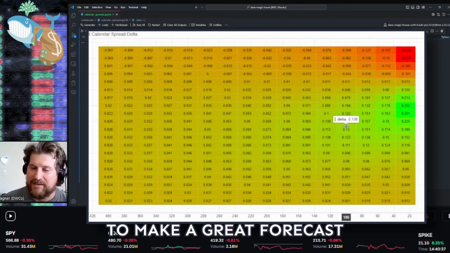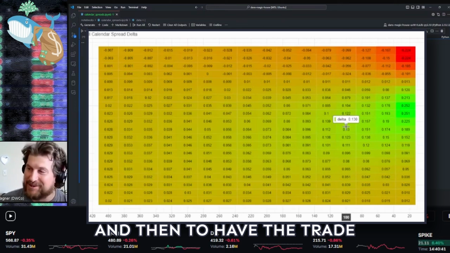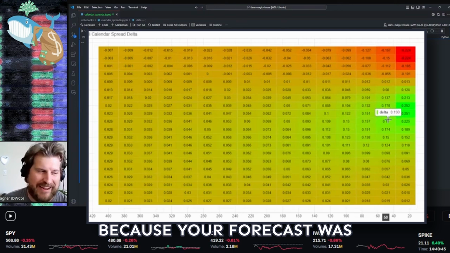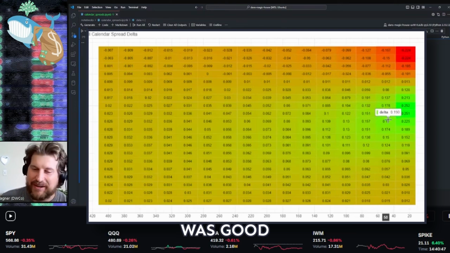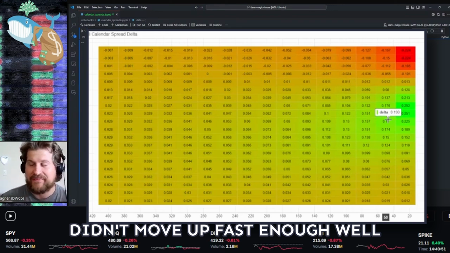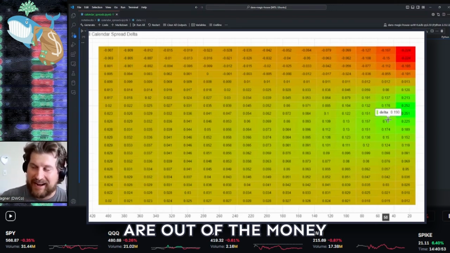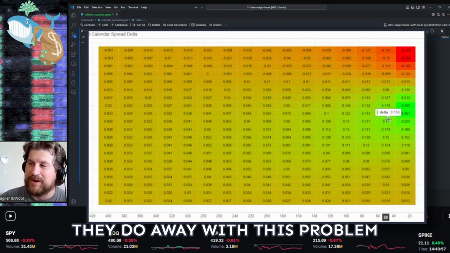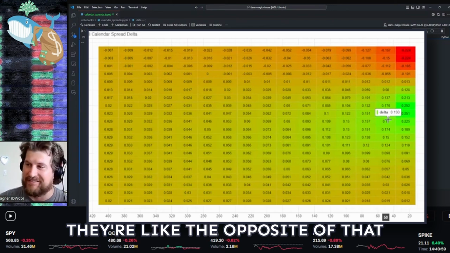It's aggravating to make a great forecast and then to have the trade actually lose money because your forecast was good, but price didn't go up enough or it didn't move up fast enough. Well, call calendars that are out of the money, if you're predicting a price increase, do away with this problem. They're like the opposite of that.